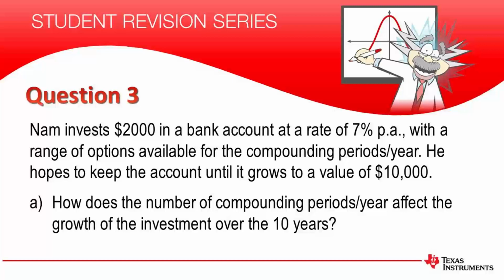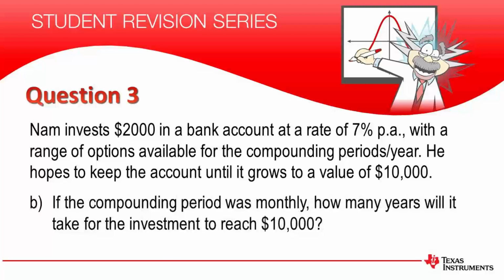And he hopes to keep the account until it grows to a value of $10,000. So first, how does the number of compounding periods affect the growth of the investment over the 10 years? And B, if the compounding period was monthly, how many years will it take that investment to reach 10,000? So that's the problem that we're going to investigate in problem number 3.